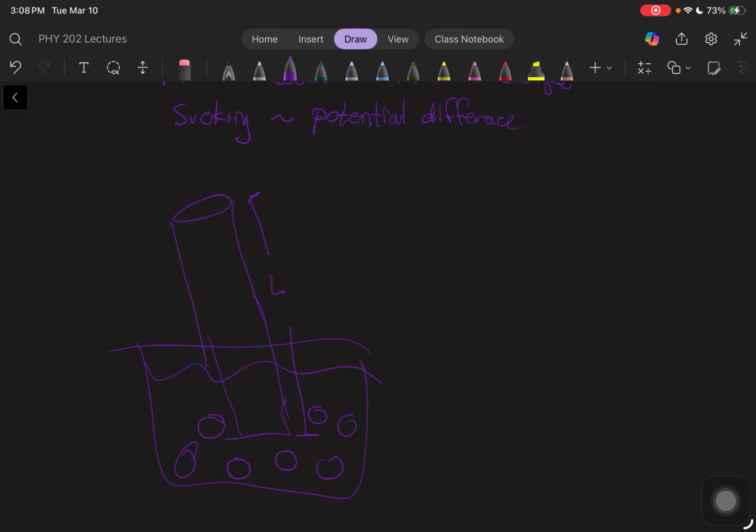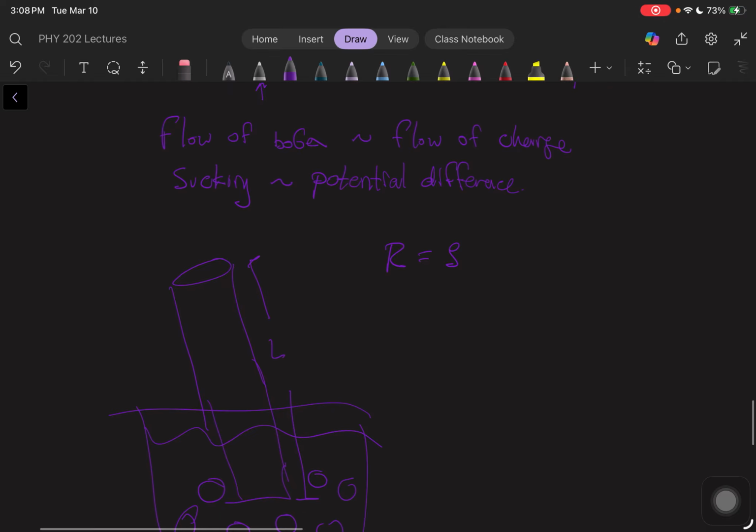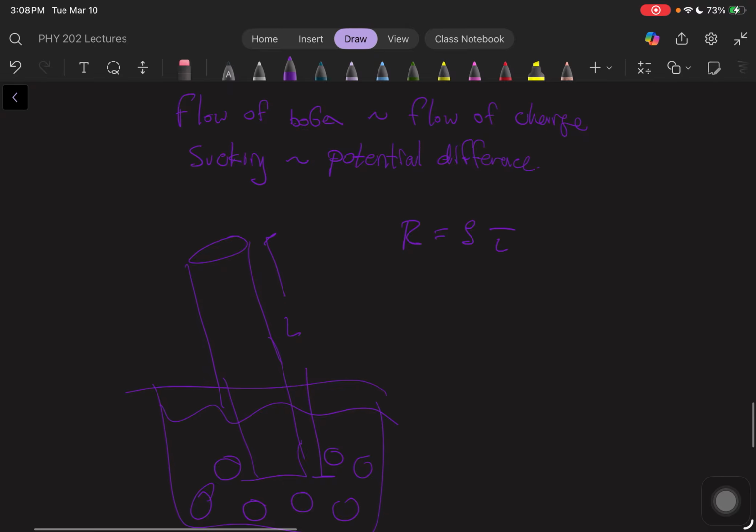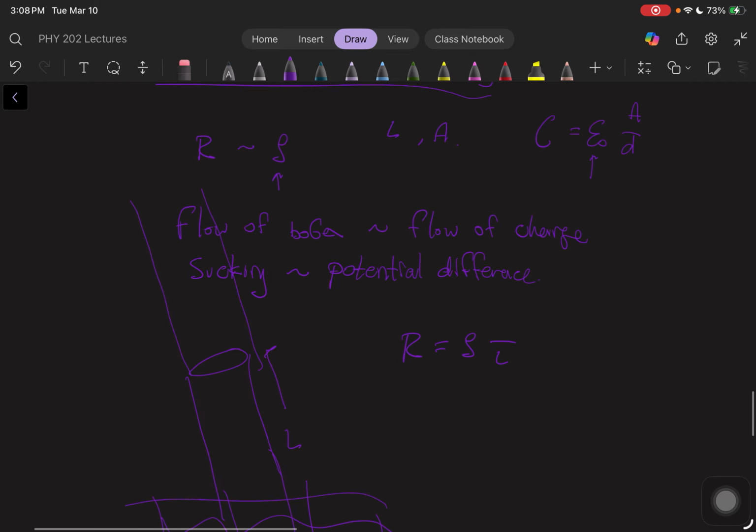The greater a distance you have to transport these boba pearls. And so we can say it's rho, and then let's see. We're going to put 1 over L, because if this straw were to be way out of here, then you're going to be there all day. You're not going to have a good time. The restaurant's going to close. So there's that.